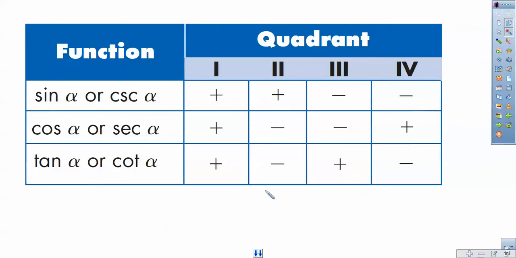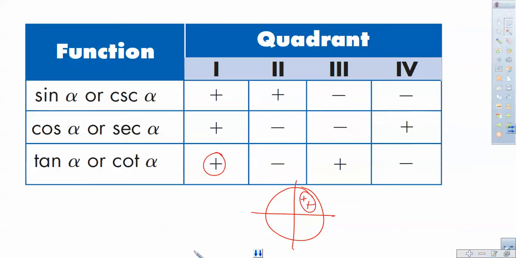Now, since tangent is sine over cosine, something different happens. Because now, if we're dealing with tangent or cotangent, if we're here and sine's positive and cosine's positive, a positive divided by a positive will create a positive. Here, because we have a negative cosine and a positive sine, when we divide these two, whether it's tangent or cotangent, we're going to end up with a negative result.